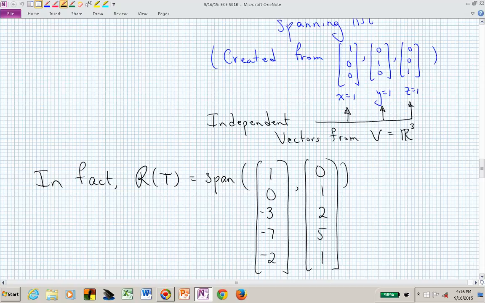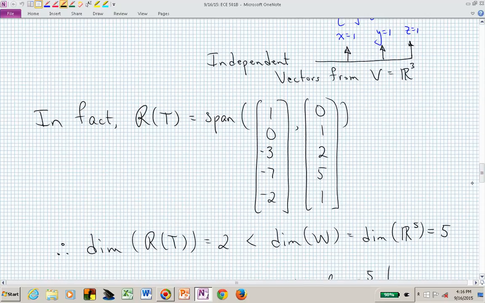We can only get to this two-dimensional hyperplane, which means the dimension of that range space of T is equal to the number of linearly independent vectors in that spanning list. We start throwing out things that aren't linearly independent, and we threw out one, and now we have a list of two. We can say that's the dimension of our range space of T.